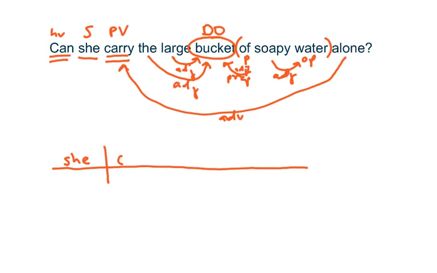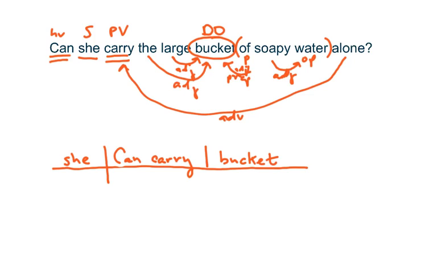Verb is, Mrs. Aguilar, that's got to be capitalized. Verb is can carry. What can she carry? Direct object line, bucket. Those are all of our principal elements. So now we can add our modifiers.